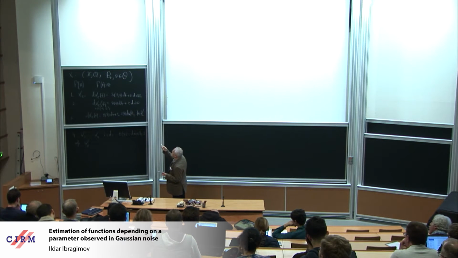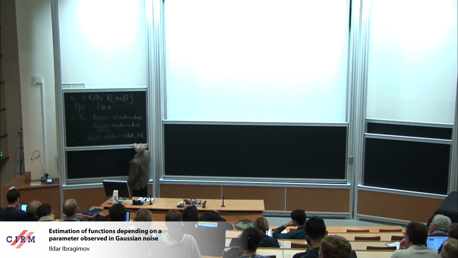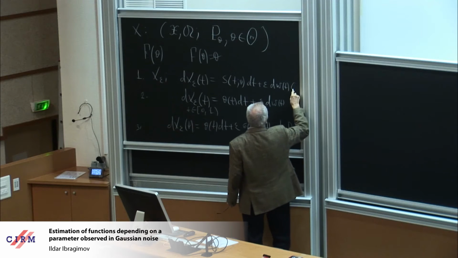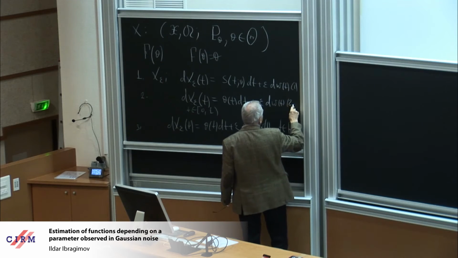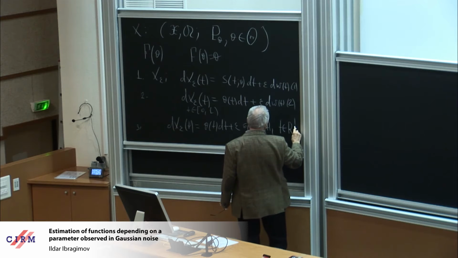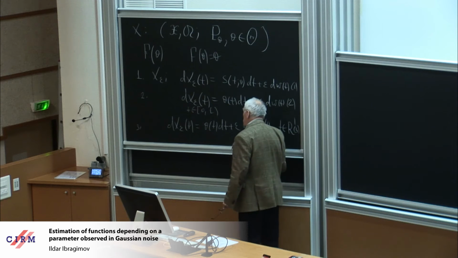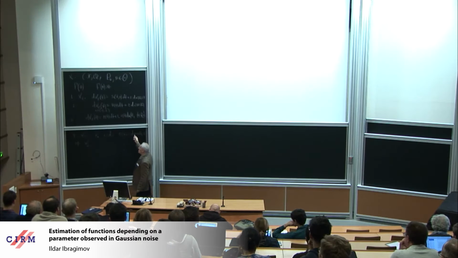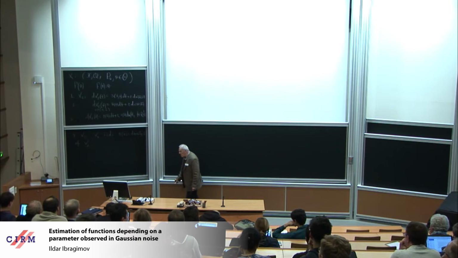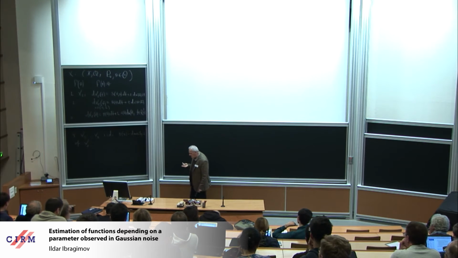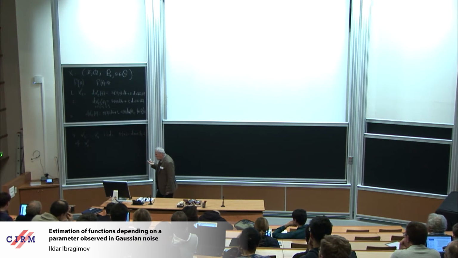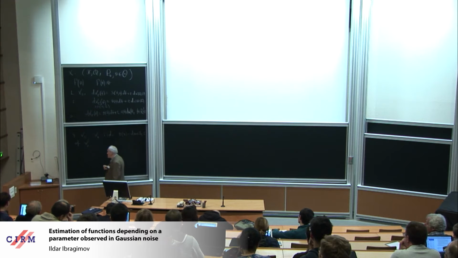Well, let's consider, for example, the first observation. Under some conditions, you may prove that the maximum likelihood estimator will be asymptotically efficient.